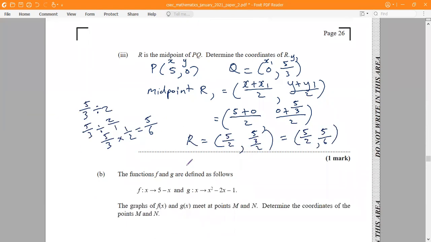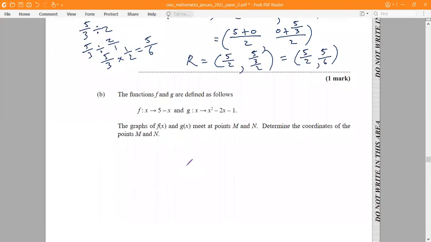So the functions f and g are given. The graphs of f of x and g of x meet at the points m and n. Determine the coordinates of points m and n. So when they meet each other, they become equal to each other. At that point, f of x is equal to g of x.